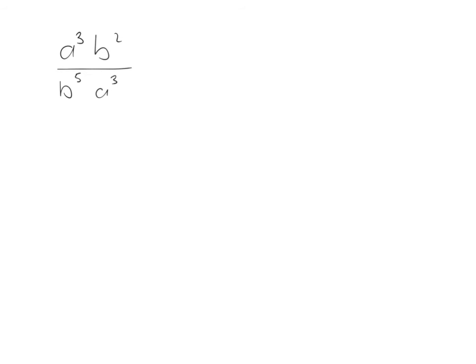The index law about division says that if it has the same base, then I subtract the indices away from each other. It does have to be the same base. If it's not the same base, then I can't do much with them. But I can in this case, because I can go that is equal to a to the power of 3, that's the top one there, minus 3, and the minus 3 comes from the fact that I'm dividing and there's a 3 on the bottom there as well.